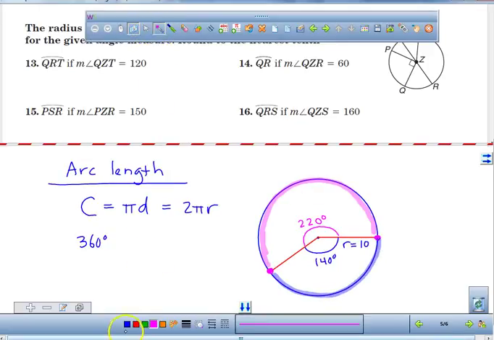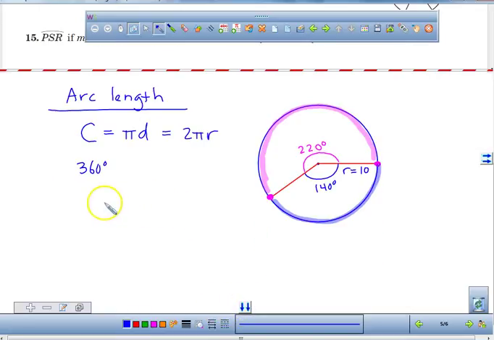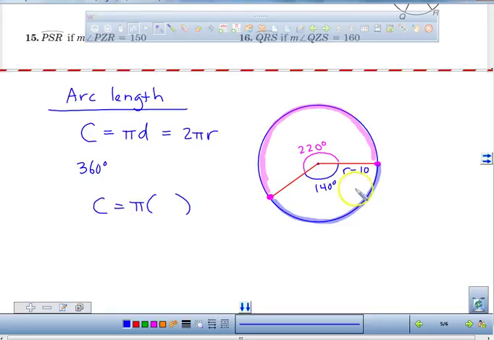Now, everybody, if I wanted to find the circumference of this entire circle, then the circumference would be pi times the diameter, all right? And if the radius is 10, what's the diameter? 20. So the answer right here would be 20 pi. That would be the whole circumference. Now, you could also do what? 2 times pi times the radius and still get 20 pi.